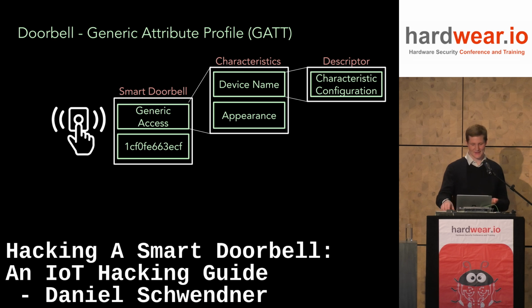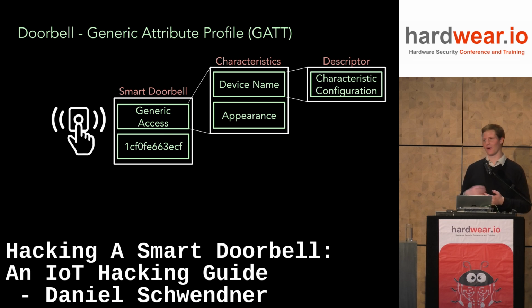So for example, on this smart doorbell, in a simplified way, this is what is running on it. You have two services: first of all, the generic access one and a custom one. In the Bluetooth Low Energy protocol, some of these services are standardized. For example, there are standardized services for heart rate and so on. You can reuse those and you immediately know what they mean.